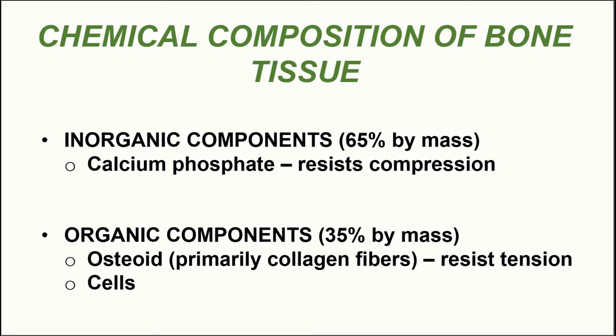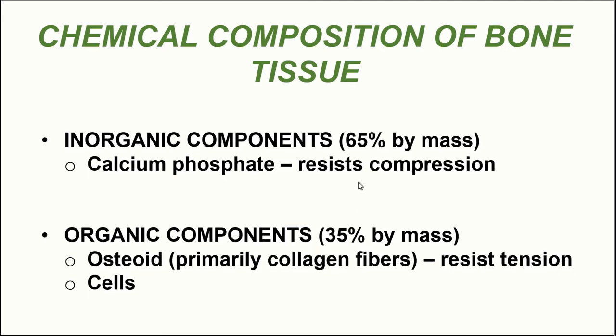The primary substance that contains the protein fibers is a material called osteoid. The bulk of it is made of collagen fibers. And collagen fibers, if you recall from chapter 4, function as a biological rope. In that regard, they act in resisting tension or pulling forces. So we've got the compression resistance of the calcium phosphate together with the tension-resisting element delivered by these collagen fibers.